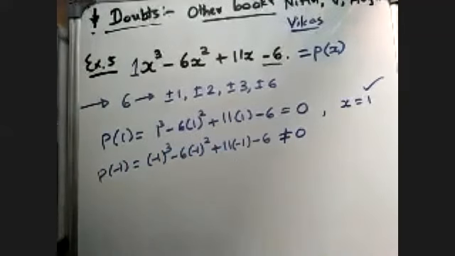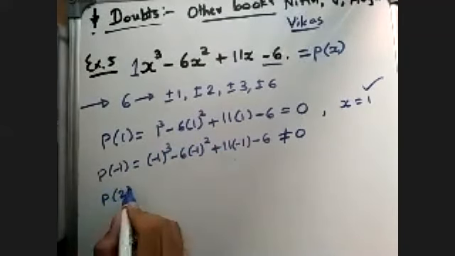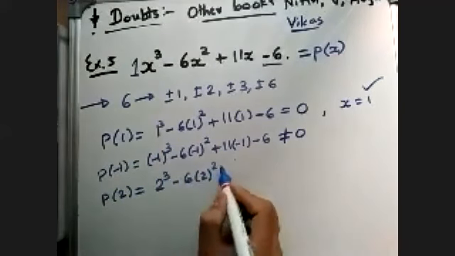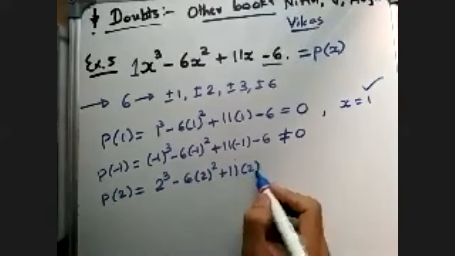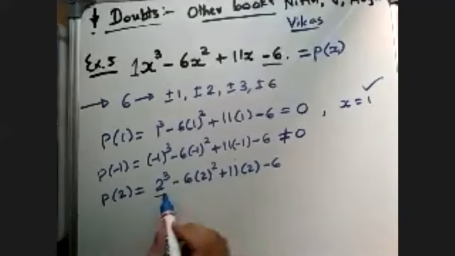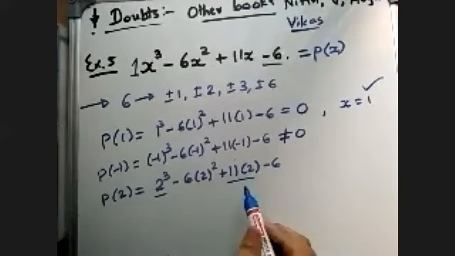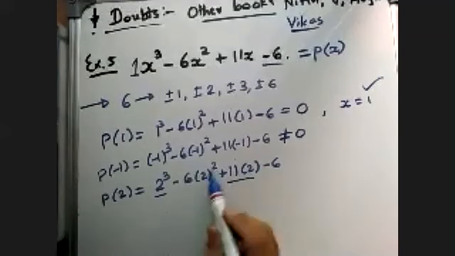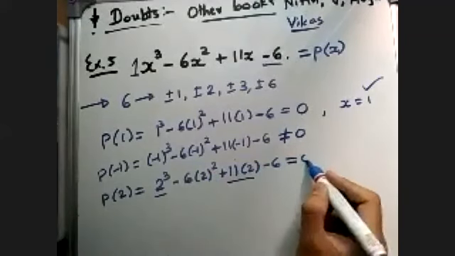Let us check for x is equal to 2. So p of 2 will be 2 cube minus 6 times 2 square plus 11 times 2 minus 6. So 2 cube is 8, 11 2s are 22, 22 and 8 is 30. 2 square is 4, 6 4s are 24, 24 and 6 is minus 30. So it is equal to 0.